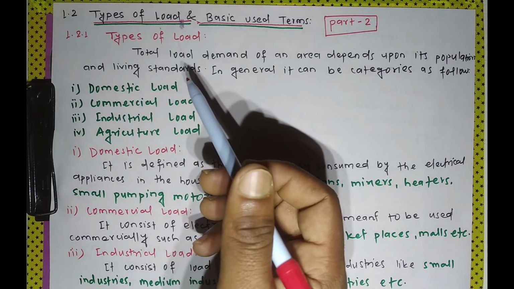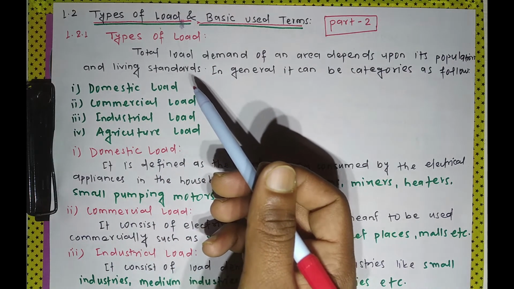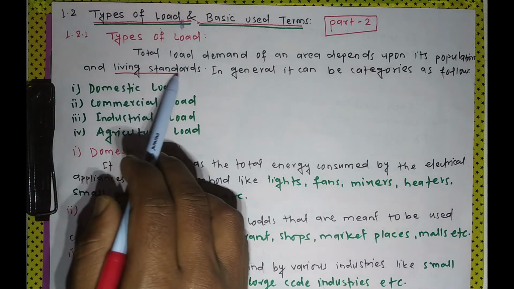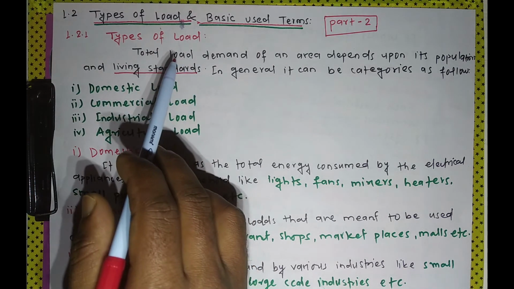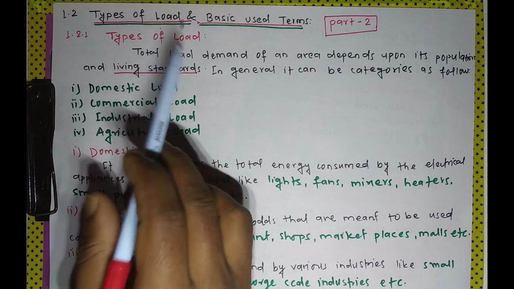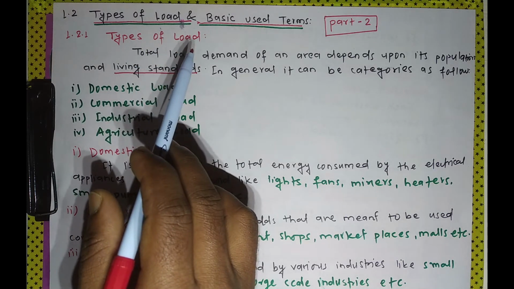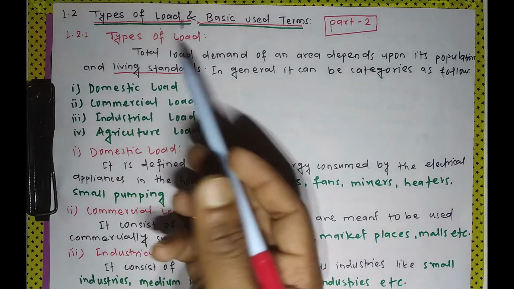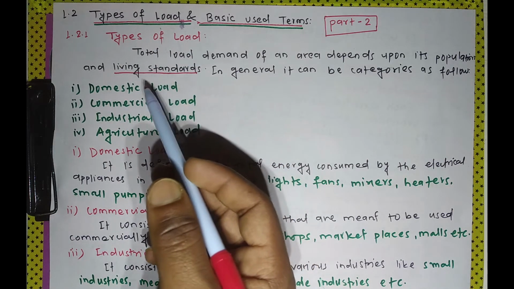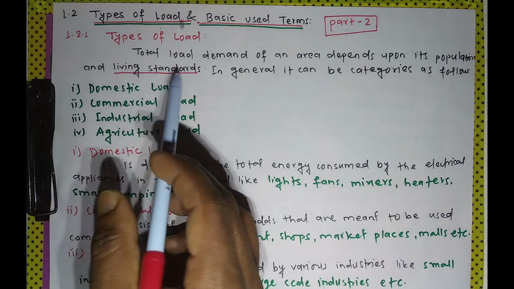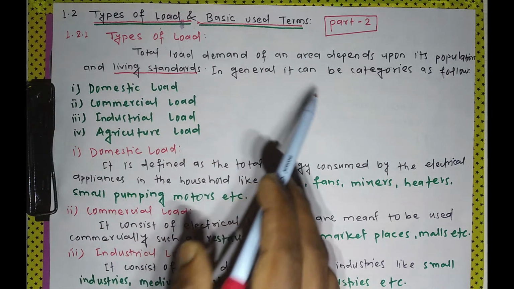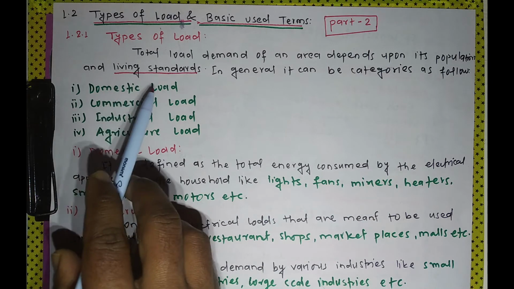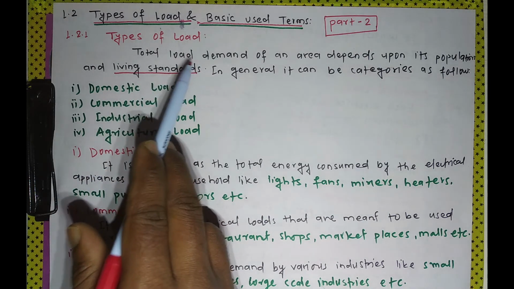Population means the number of people, and living standard means how they are living, how they are using electrical appliances like fans, heaters, coolers, and for how long a period of time. That is their living standard.